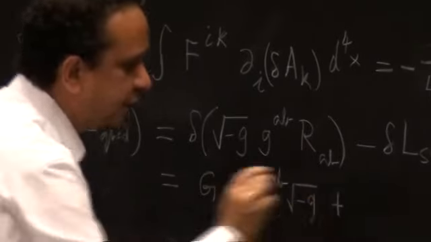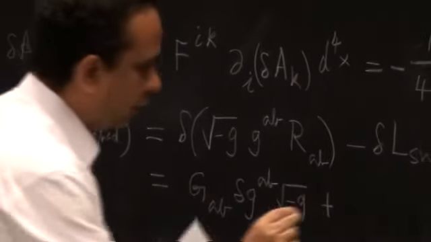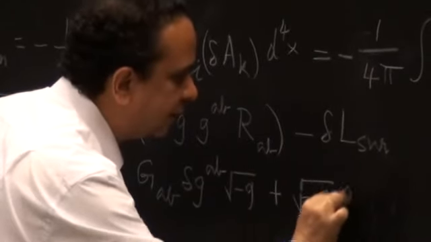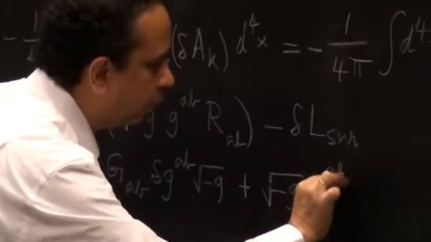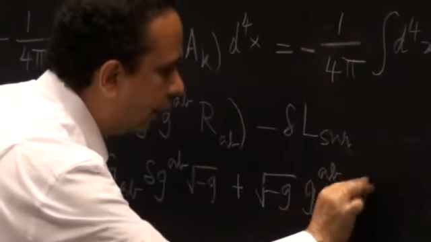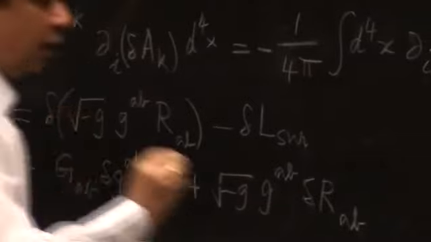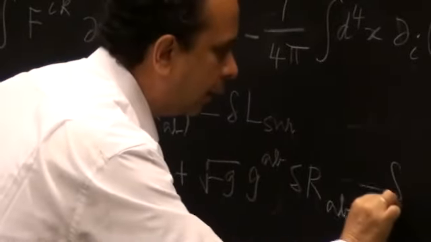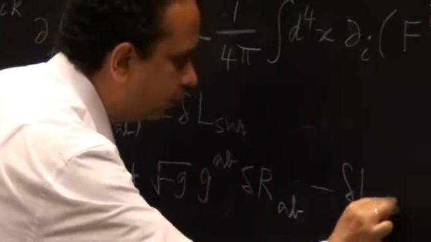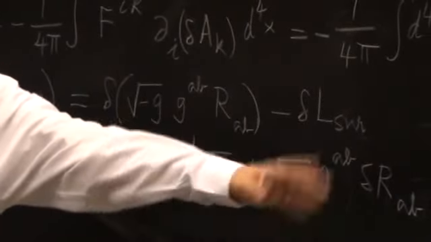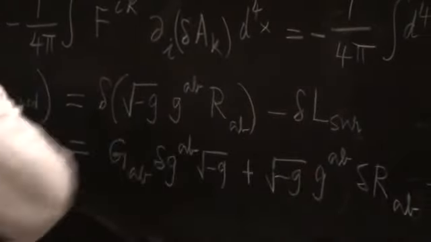Then I told you the term which you throw away, which is root minus g G^AB delta R_AB, except that we are not going to throw it away. Then I have minus delta L surface. So this is what you want, and there are these two extra pieces which have to be computed, and we have to see what emerges out of it.